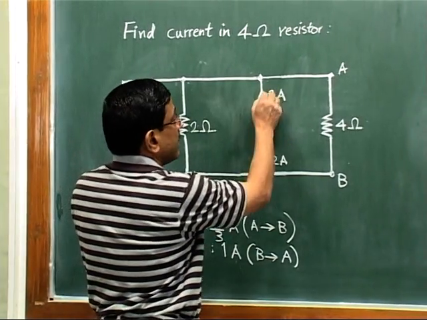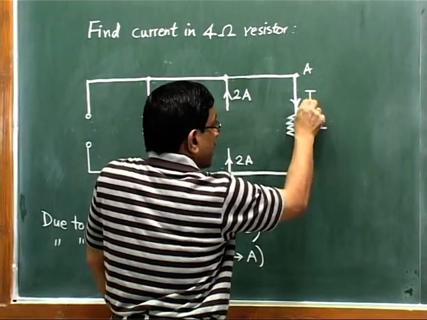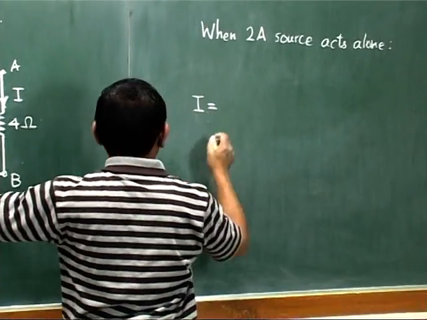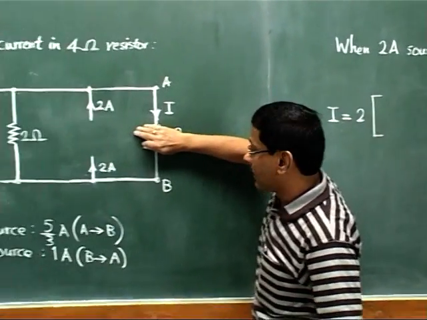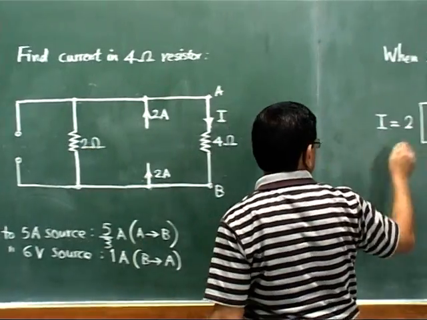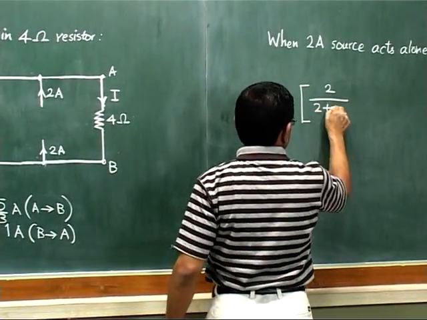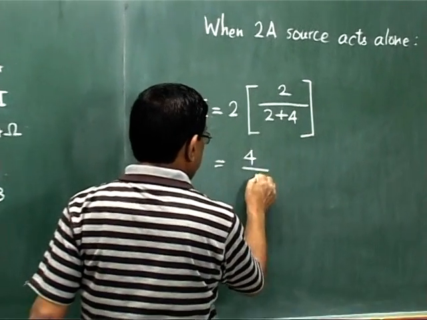Obviously, we will find that this current is being supplied like this. Okay. So suppose this current is I. What will be the current in this 4 ohm resistor now? The total current supplied is 2 ampere. In bracket, since we want to find out current in this branch, this we will take in the numerator. So 2 divided by 2 plus 4. So it will be this thing. So here 4 divided by 6.